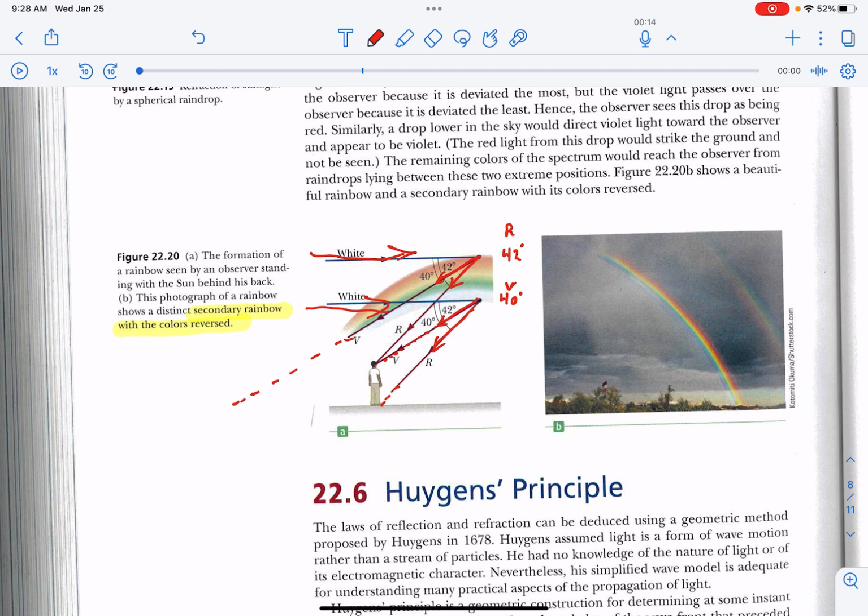Therefore, the violet is going to be at the bottom of the rainbow and the red at the top of the rainbow, as you can see in this picture. Now, if you get a double rainbow and you're getting double refraction, you can see that that gets reversed.